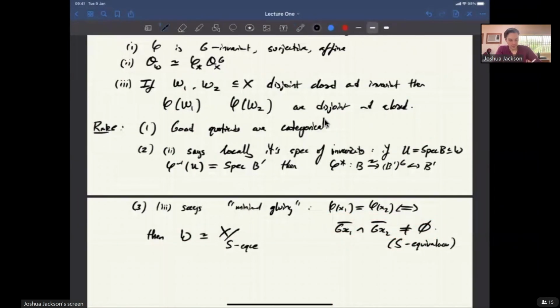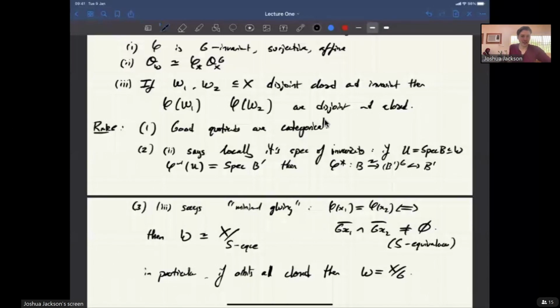So in particular, if orbits are all closed, then we actually do get an orbit space. So that's sort of handy. It's saying in a nice situation when orbits are closed, we will get something which is what we'd most like to have.